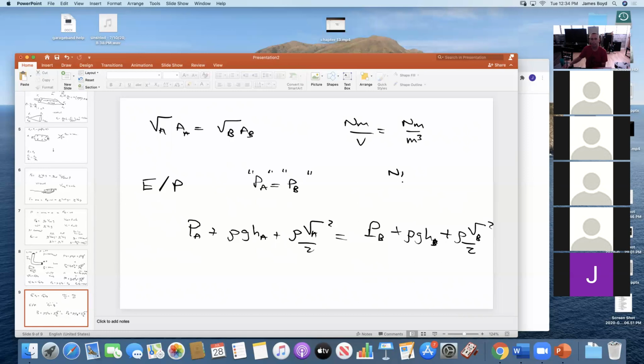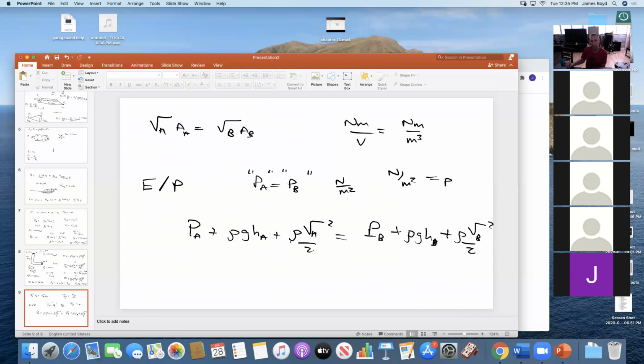So we're really getting newtons over meters squared, which is pressure, since pressure is newtons per area. So we've got pressure in each of these, and therefore we're really doing energy divided by volume, but energy divided by volume is pressure.